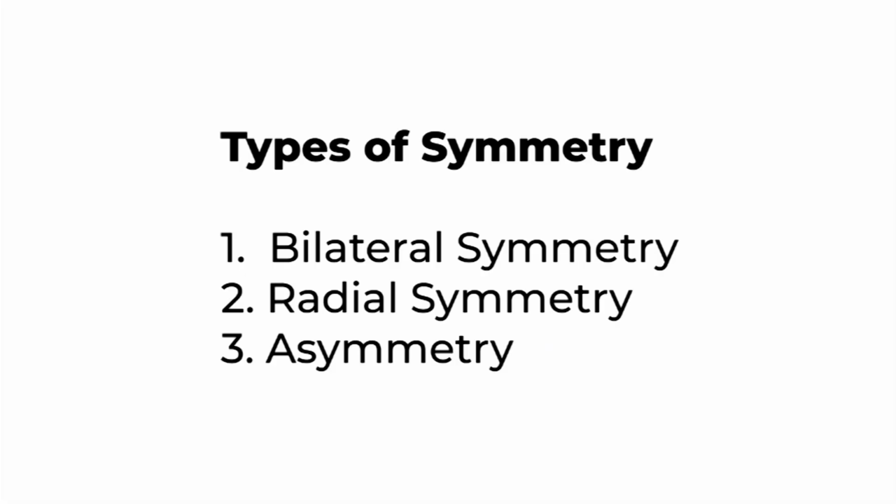What are the types of symmetry there are? We have bilateral symmetry and radial symmetry. There's also asymmetry that we have to note. And note that in symmetry, the cutting is made such that the halves that are gotten should be proportional.